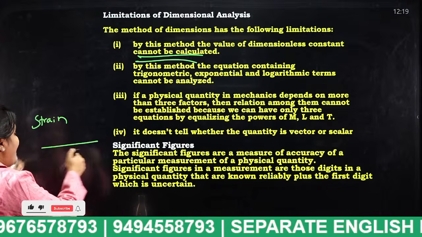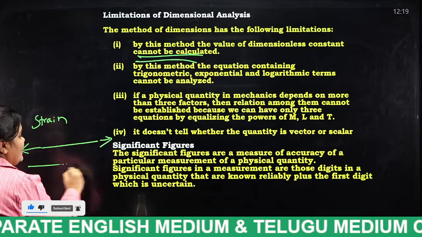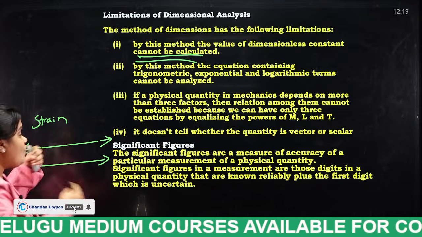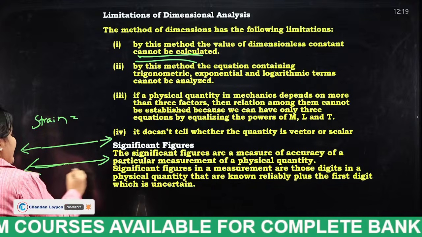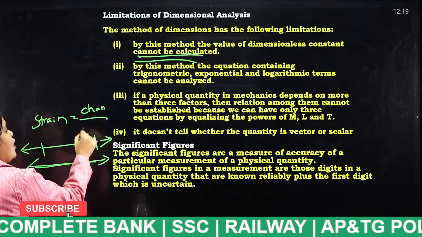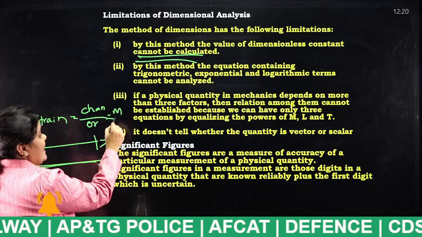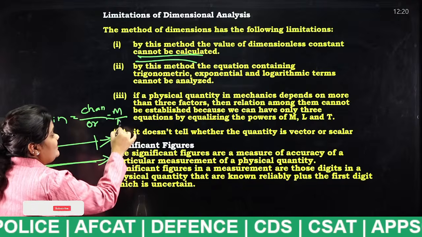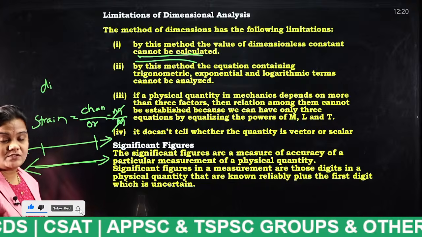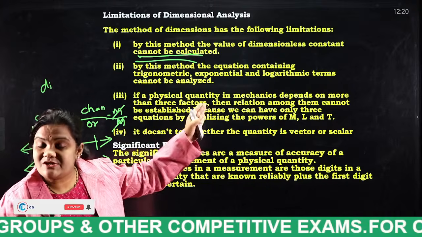If we apply force, that means if we stretch it, the length will be extended. Strain is nothing but the change in length to its original length. The change in length is measured in meters and the original length is also measured in meters. Meter cancels. That means strain is a dimensionless value. So the dimensions are limited to dimensionless values.